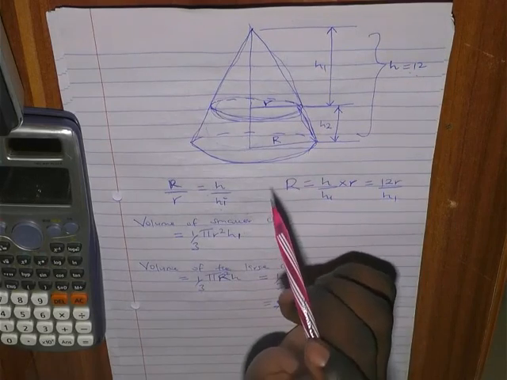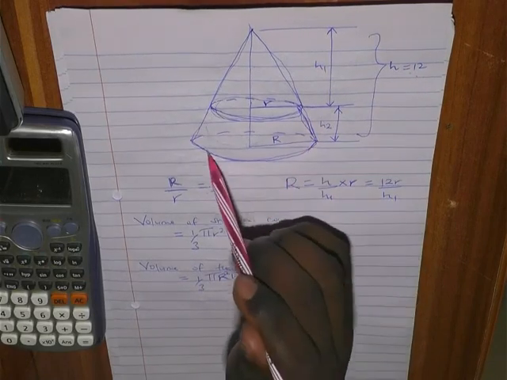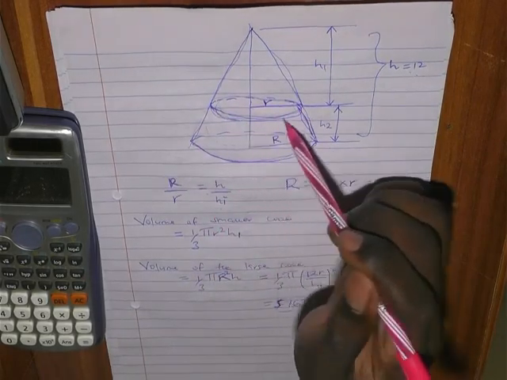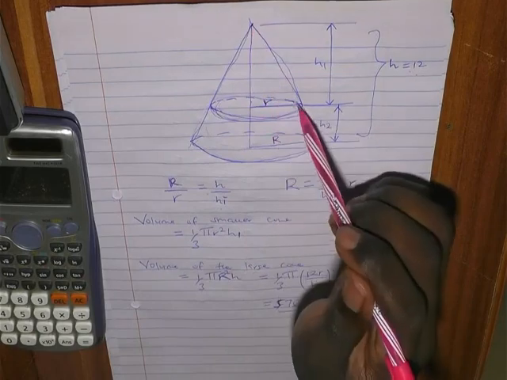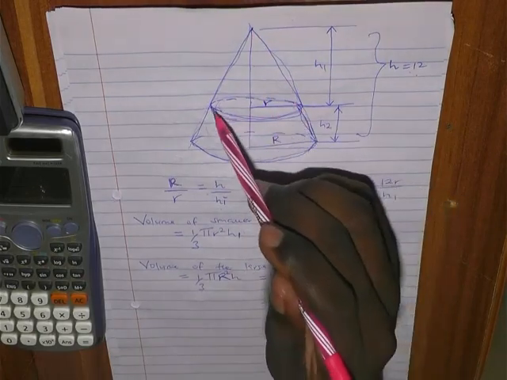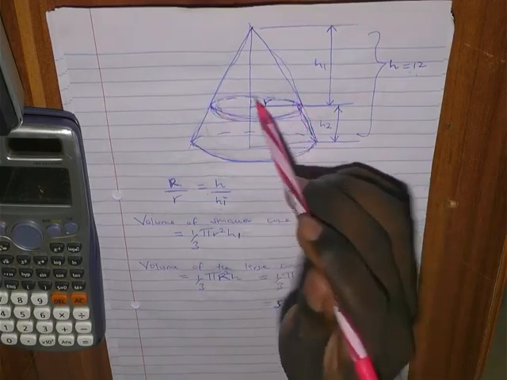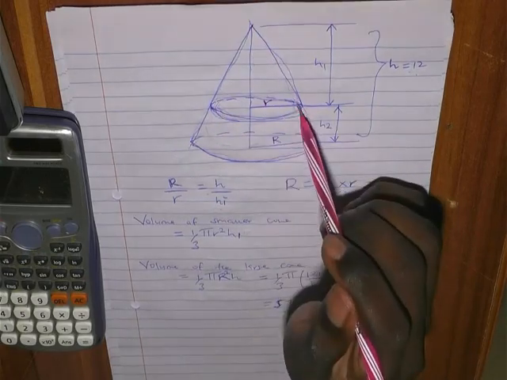And if its volume is 1/8 of the cone, then it means the cone that is on top is 7/8 of the cone. I hope you're following. The frustrum is 1/8 of the whole thing, then it means the upper cone is 7/8 of the whole thing, okay?